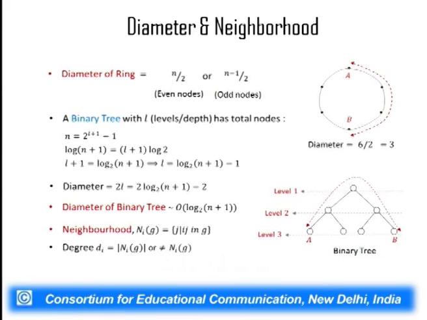The diameter of a binary tree would be twice L. So 2L gives an expression of order log base 2 of (n plus 1). For large n, the plus 1 will vanish. So we get this value for the diameter of a binary tree, and this is all from this lecture.